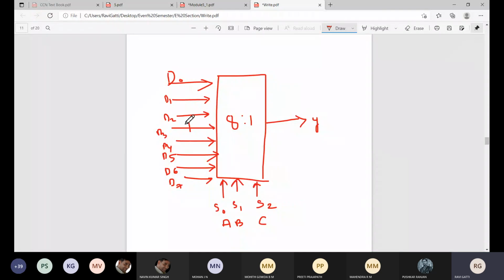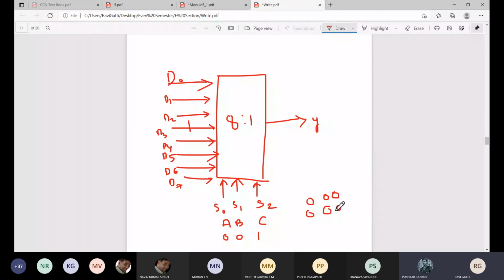Now let's say which device will be selected. If I give 0 0 1, which device will be selected? Sir, D2. For 0 0 0, sir, D0.